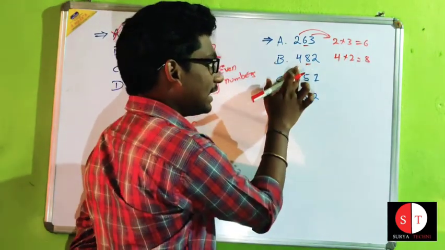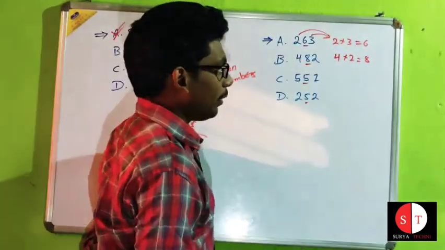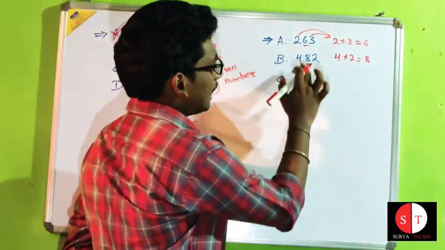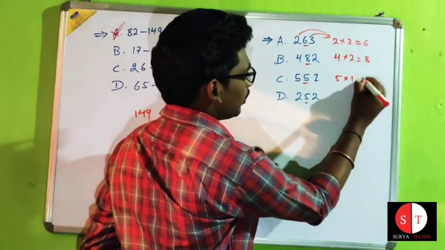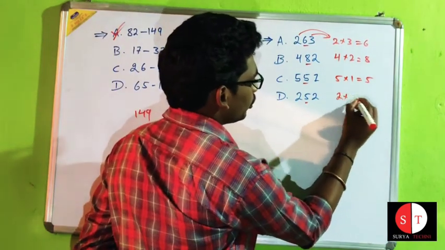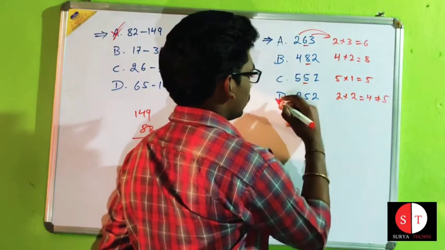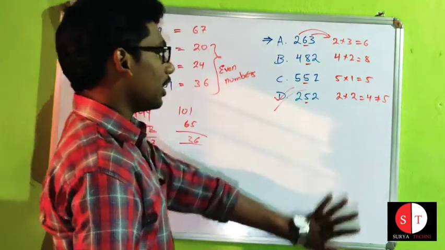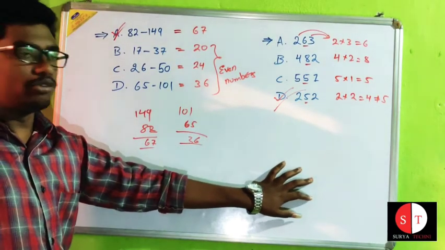Remember, the first number and the third number are multiplied, and the answer is the middle number. So 5 into 1 equals 5. 2 into 2 equals 4, not equal to 5. So option D is the odd one. Okay, so option D is the classified one. Without wasting any time, let's move forward.